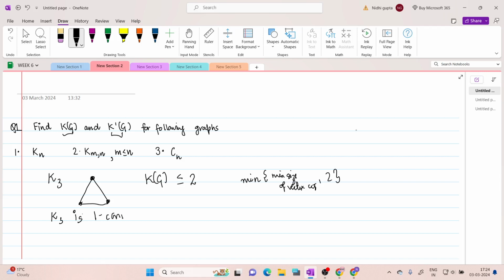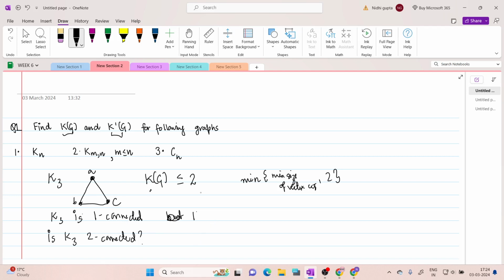Yes, but is K3 2 connected? Ma'am, if we name the vertices A, B, C, and I disconnect A, then B and C are still connected, but A is disconnected. So that is why it is one.